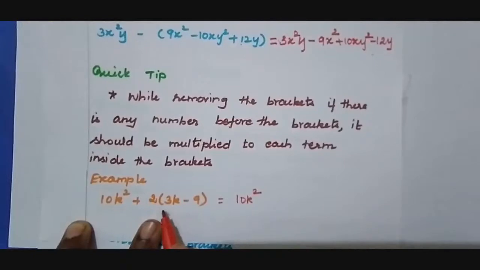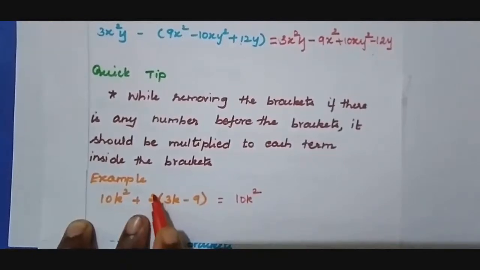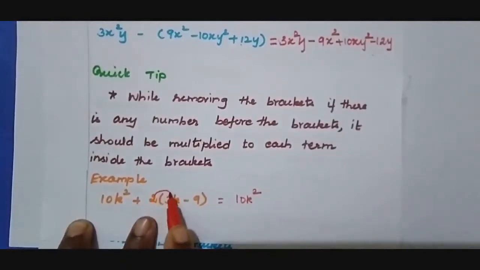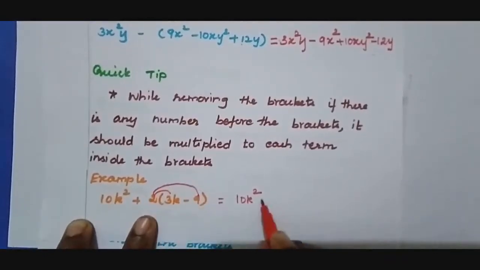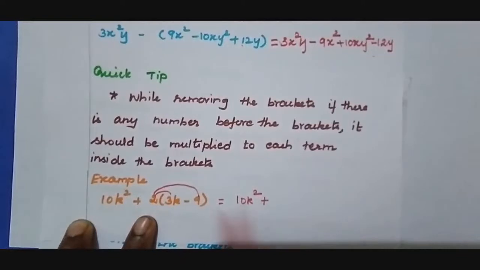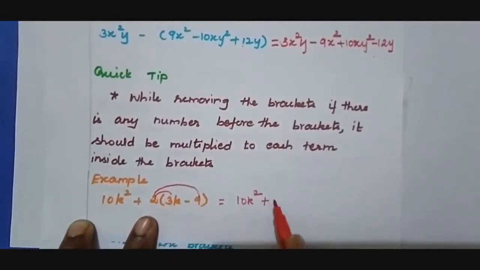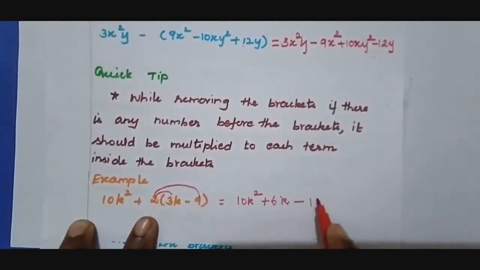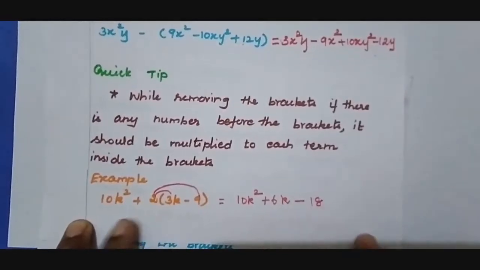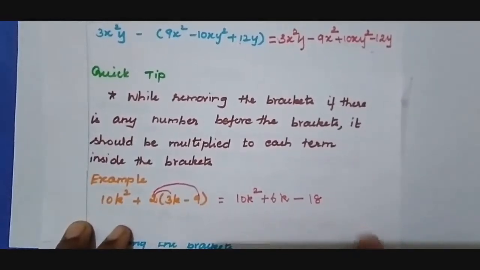Now this bracket is preceded by a number, so you have to multiply these numbers with the terms inside the bracket. Plus into plus is plus, 2 into 3 is 6k, plus into minus is minus. What's the value of 2 into 9? Yes, 2 9s are 18. Can you understand? Yes.